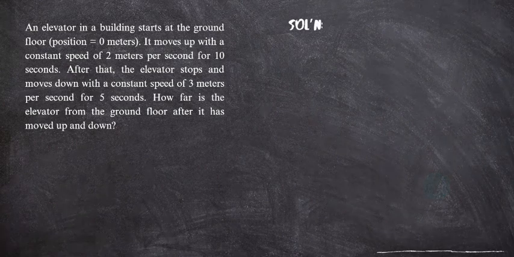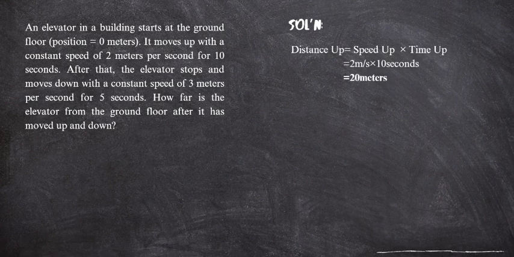So, to solve this problem, we need to calculate how far the elevator moves both up and down, and then find the final position. So the first step is to calculate the distance the elevator moves up. The elevator is moving upward at a speed of 2 meters per second.